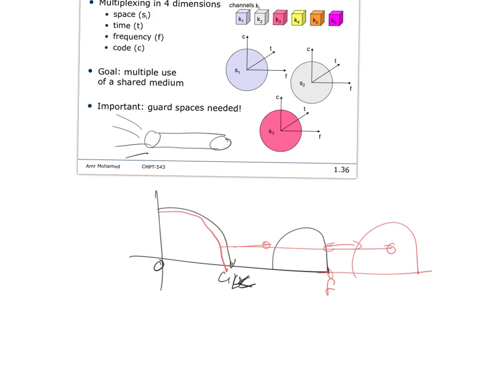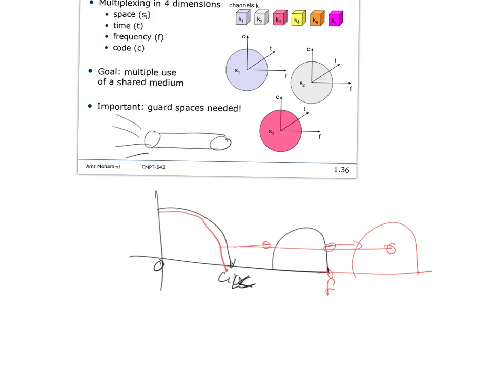We separate them using a guard band in the frequency domain. In that case, there's no collision, no overlap. I can distinguish easily one from the other by using a filter. I can filter out and extract one signal from the other. So there is no overlap in the frequency domain.